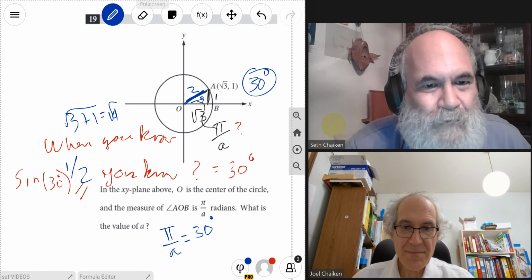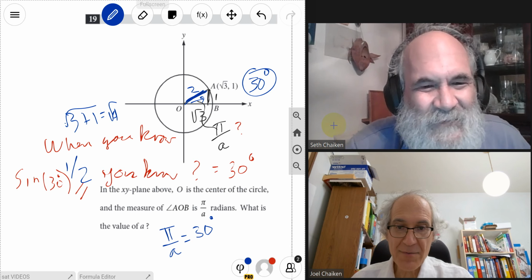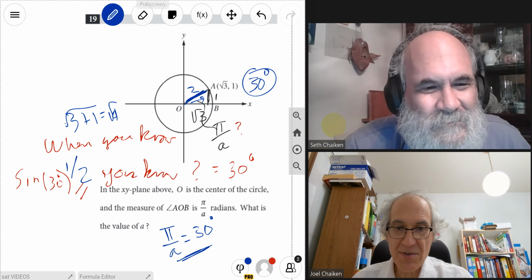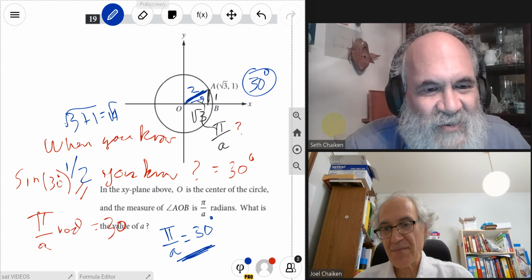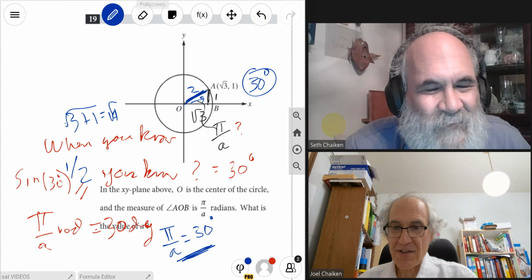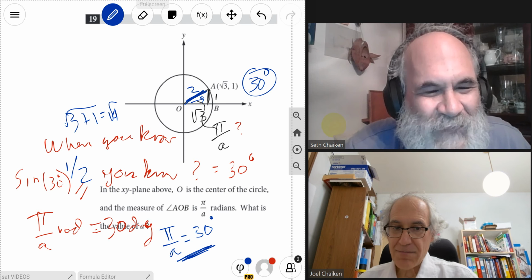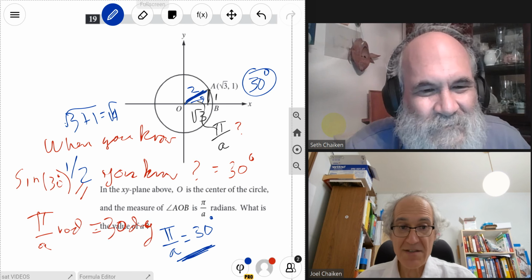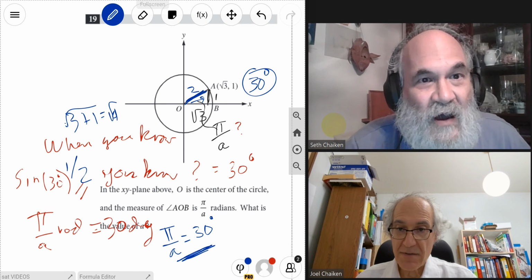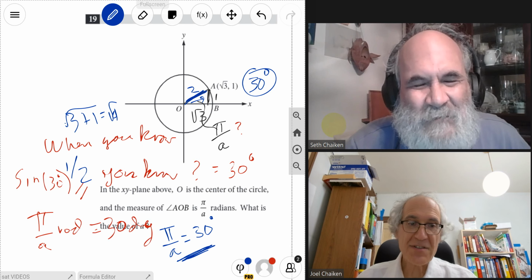Now this is really bad what I wrote here, because you're changing units. But really you can say pi over a radians equals 30 degrees. That's legal, and a good way to do it. If you're pretty experienced with radians and degrees, you could probably see the answer.